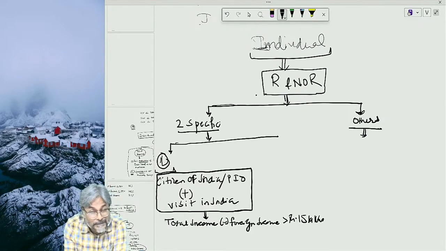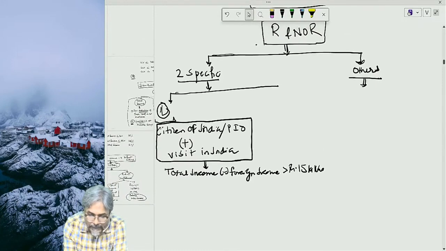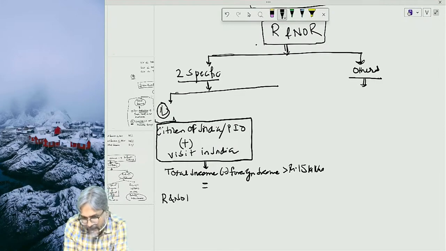This confusion, greater than or equal to, or greater than, is the point. So total income minus the foreign income greater than 15 lakhs. In this particular case, you will say RNOR if what?